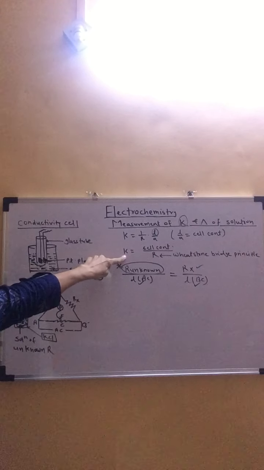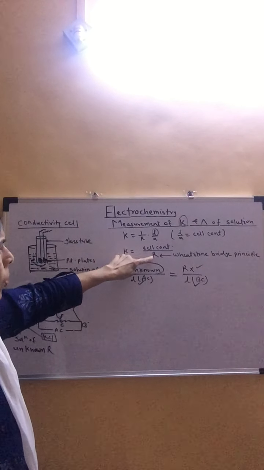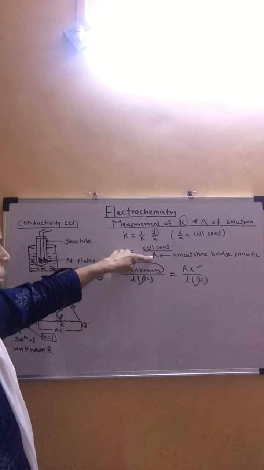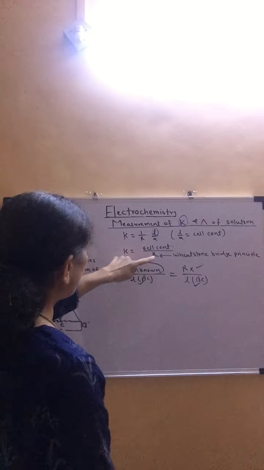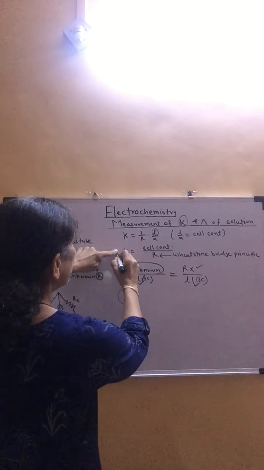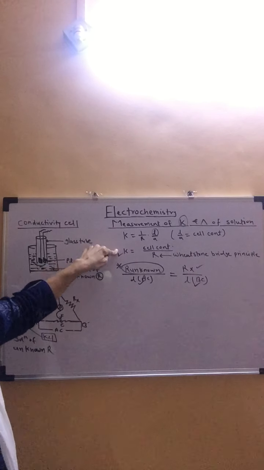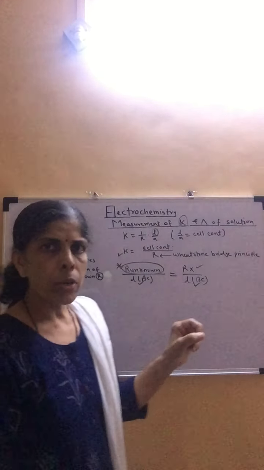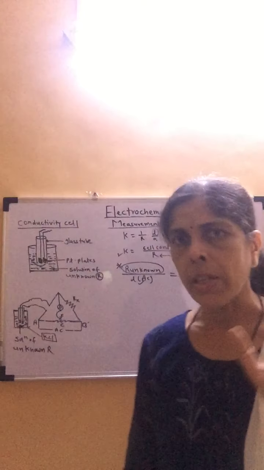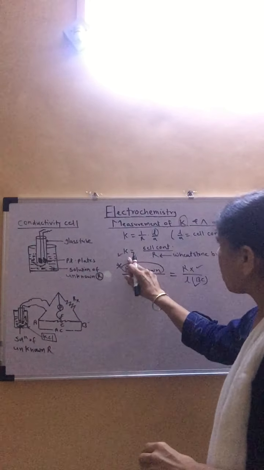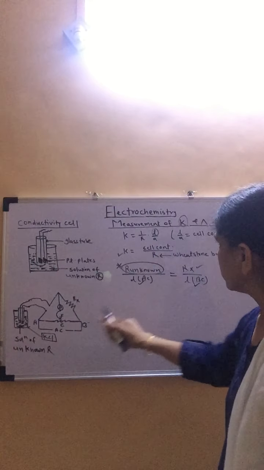Now in the formula K is equal to cell constant upon R, K is known for the KCl solution. For different concentrations of KCl solution, the value of K is fixed. So K is known and R we are going to determine.